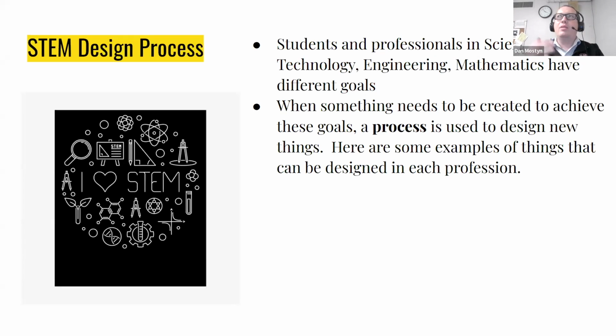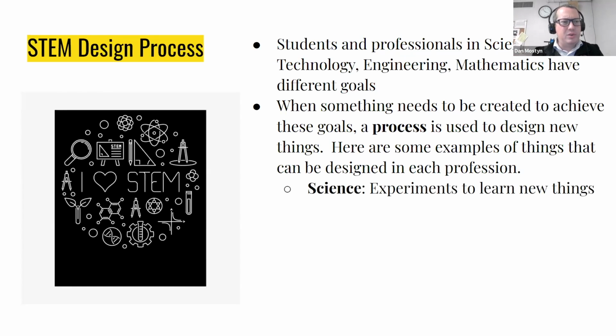Some of the end goals that these professions have, and this is how I talk to my students about this. I have high school students, but I think you could bend this to any level of students. Talk about, well, what is science? Scientists, their goal is to learn new things through experiments. Engineers, their goal is to solve problems.